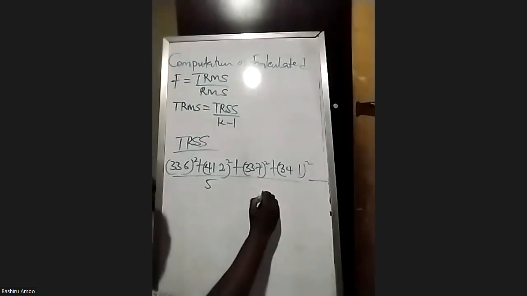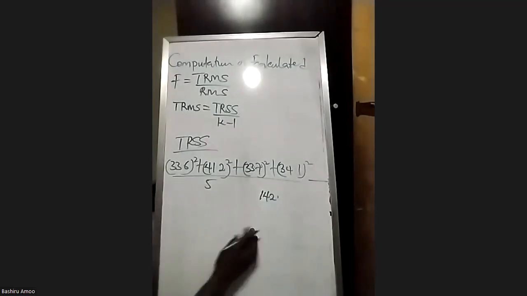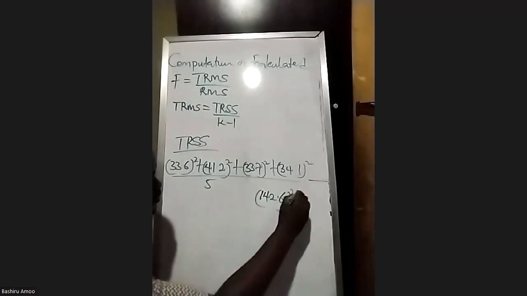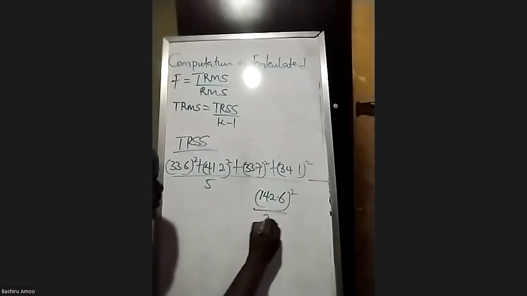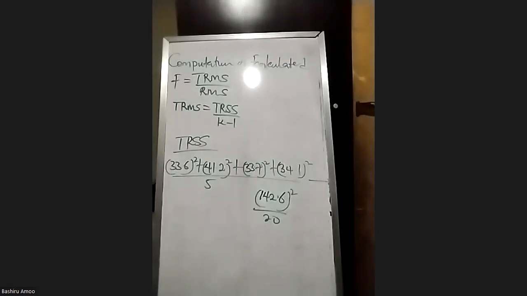Correcting factor is equal to 142.6 squared divided by 20, n divided by 20, right?